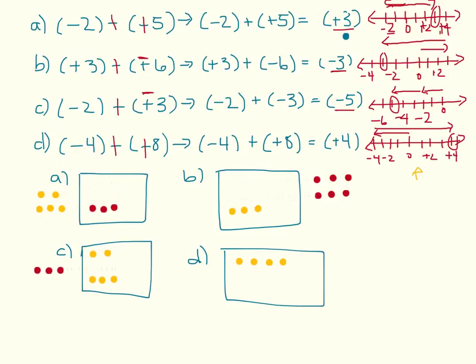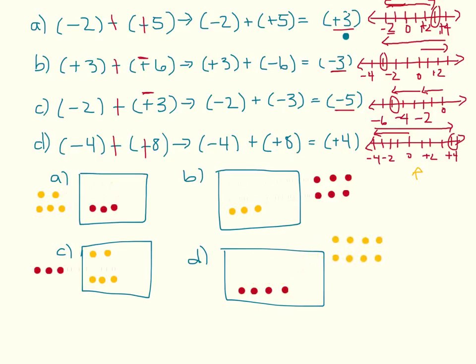And with question D, we start with 4 negative chips and we want to take away 8 negative chips. So we need 4 more negative chips added along with the 4 positive chips to make a net 0. And then we can take away 8 negative chips.